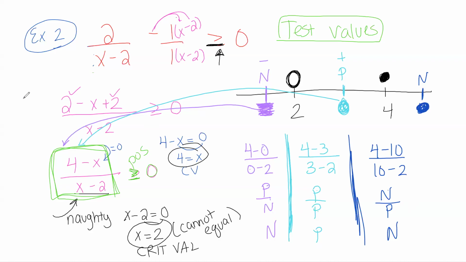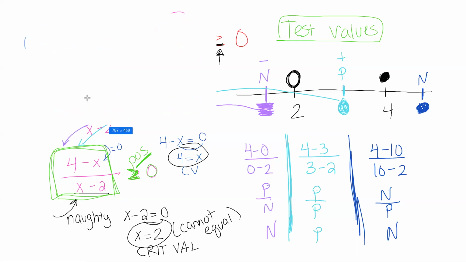Now back to the green box, and it had to be bigger or equal to 0. So we were looking for positive. Our final answer is going to be where we have a P, or if you did the plus sign, on your chart. So that's right here from 2 to 4. So the final answer is 2, comma 4.